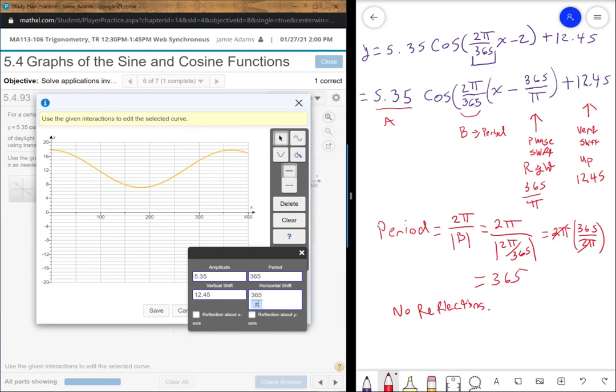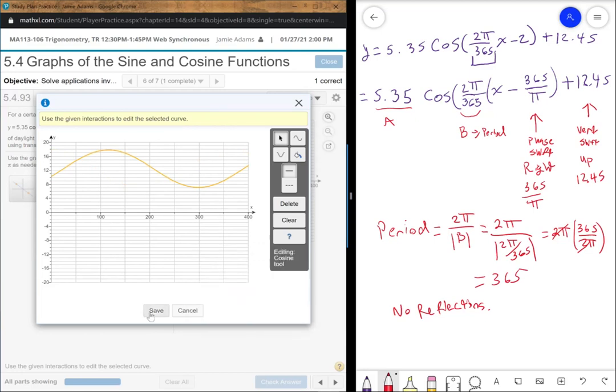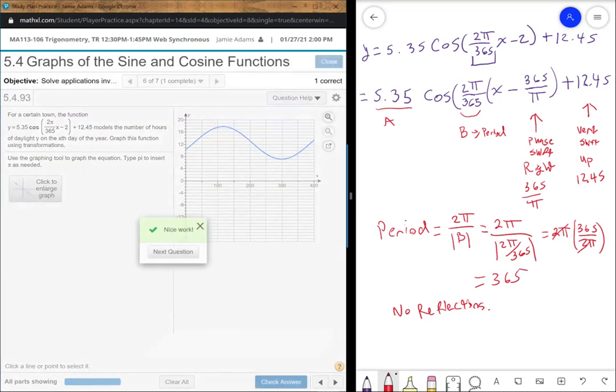Now, notice that I did have a minus here, but remember that phase shift is actually backwards. So if I have minus, it's going to be a positive shift. So it's a horizontal shift of 365 divided by pi. We're done. Then we check it. And there we are.